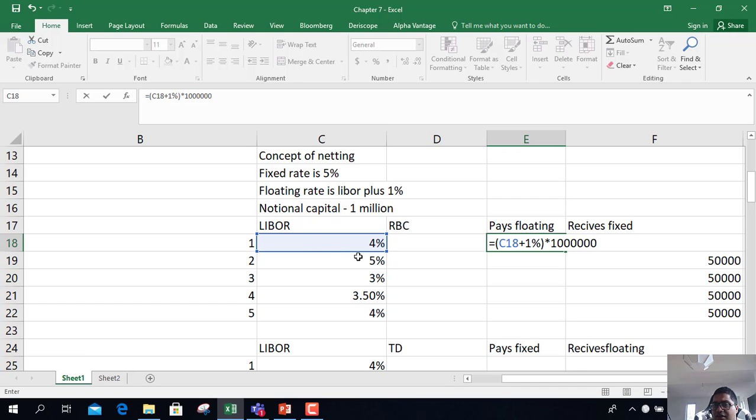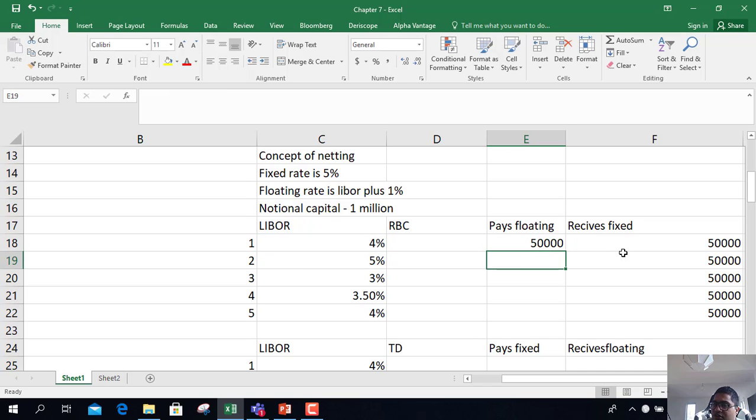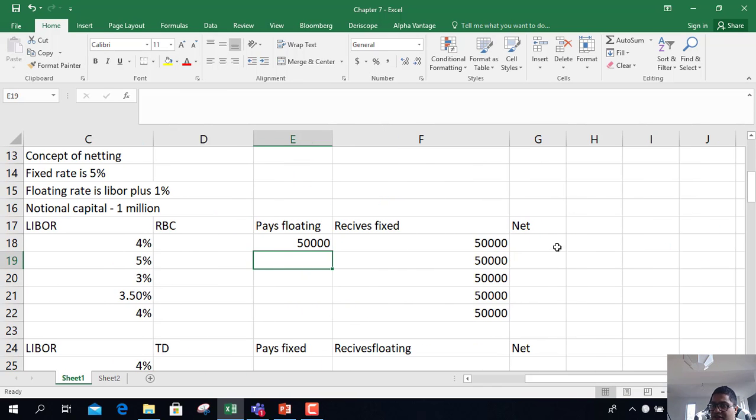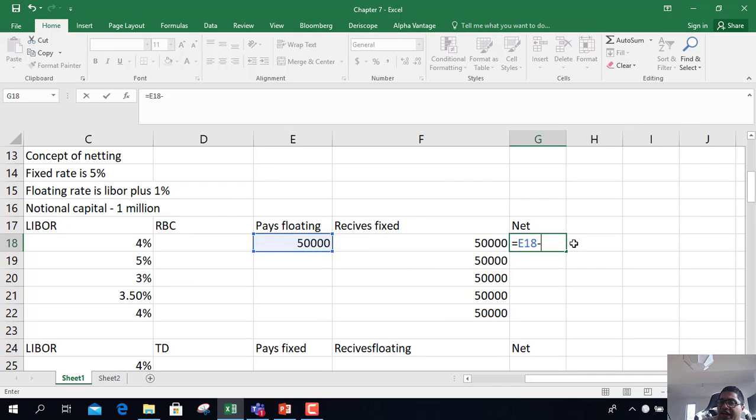So in the first year LIBOR is 4%, so RBC is going to pay 4% LIBOR plus spread 1% into 1 million. So it's going to pay 50,000, it's going to receive 50,000. So net there is no cash flow from the swap.